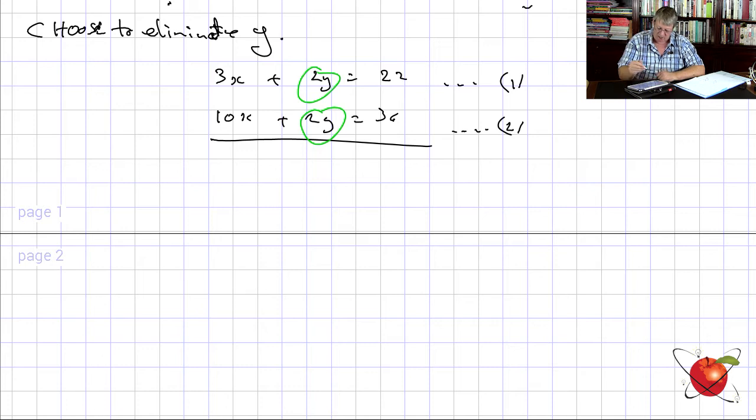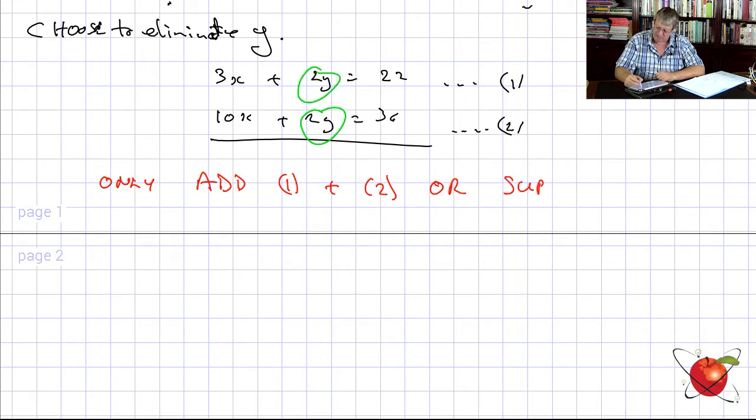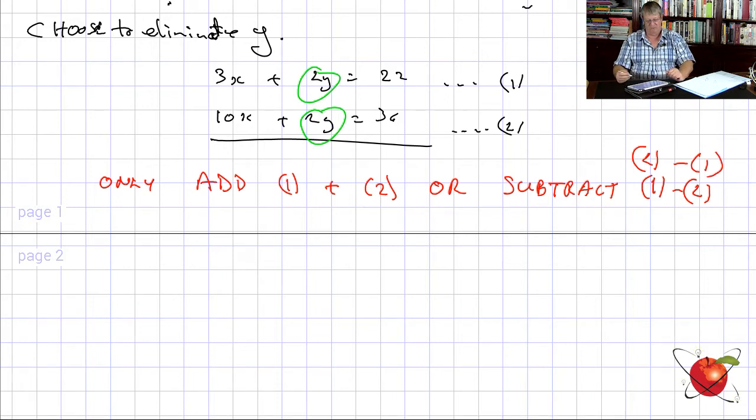Now, I can only add equation 1 plus equation 2, or I can subtract, 1 minus 2 or 2 minus 1. It actually makes no difference. All right? So in this case, I want to get rid of y.